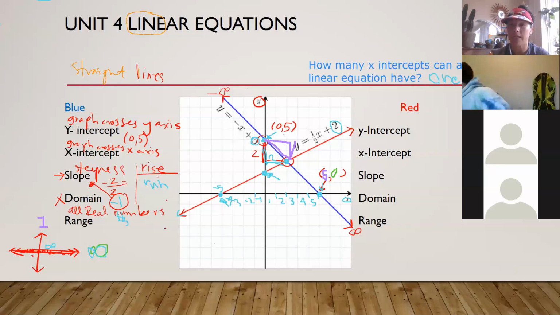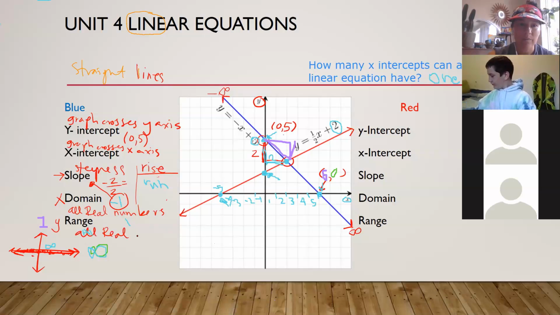Real numbers means your whole numbers plus all the fractions and the decimals in between. Covers all the possible x values. What about your range? You got it. Also all real numbers, because it's going to go from negative infinity to positive infinity.